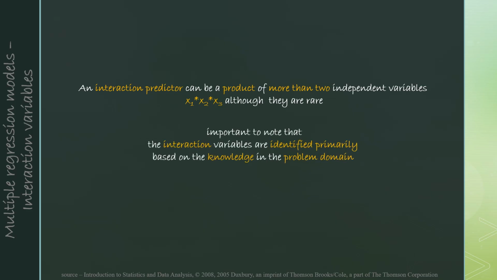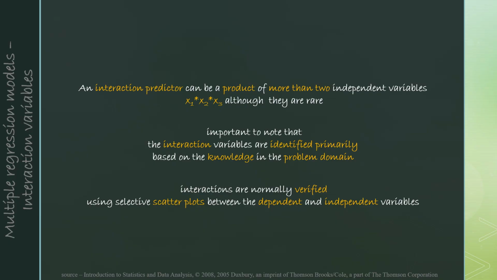It is very important to note that the interaction variables are identified primarily based on the knowledge in the problem domain, and the interactions are normally verified using selective scatter plots between the dependent and the independent variables.